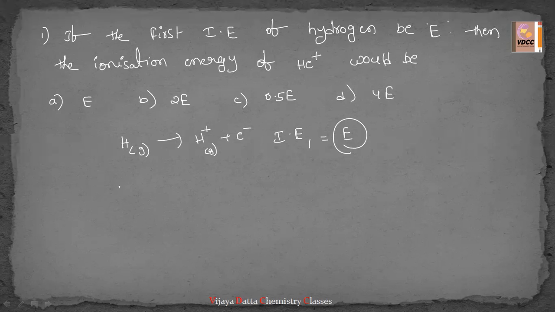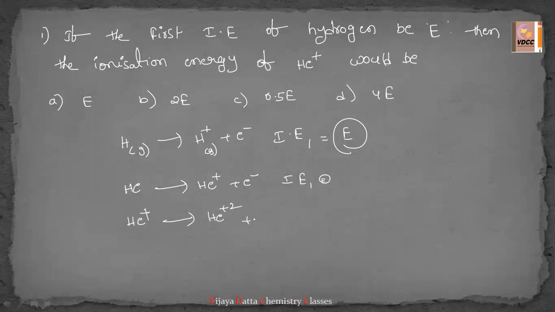Hydrogen in the gaseous state loses its electron, then it becomes H plus plus an electron, also in the gaseous state. This is called ionization energy. He has given the first ionization of hydrogen as capital E. Then for He plus, if He loses one electron, it becomes He plus plus electron, the first ionization. If it loses one more electron, it becomes He 2 plus plus one more electron. How many electrons has it lost over here? Two. That is nothing but the second ionization energy.